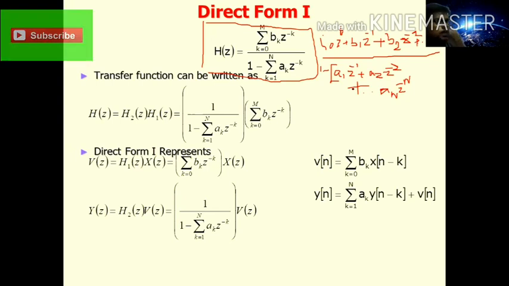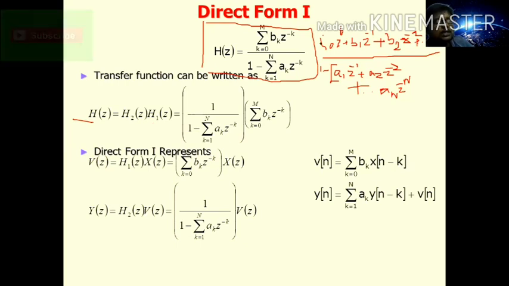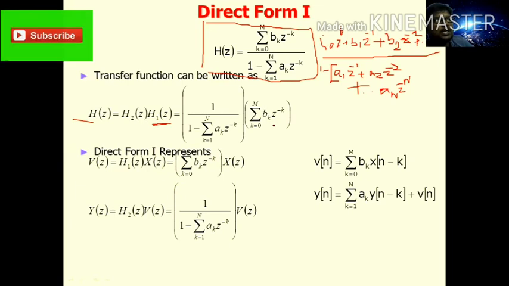Right? So you look at this equation. Our given transfer function is split up into 2 sub transfer functions, that is h1 and h2. h1 is nothing but the numerator of the system, so numerator of the system is summation k equal to 0 to m bk z power minus k. You write down this one. h2 is the remaining portion, that is 1 by the denominator: 1 by 1 minus summation k equal to 1 to n ak z power minus k.